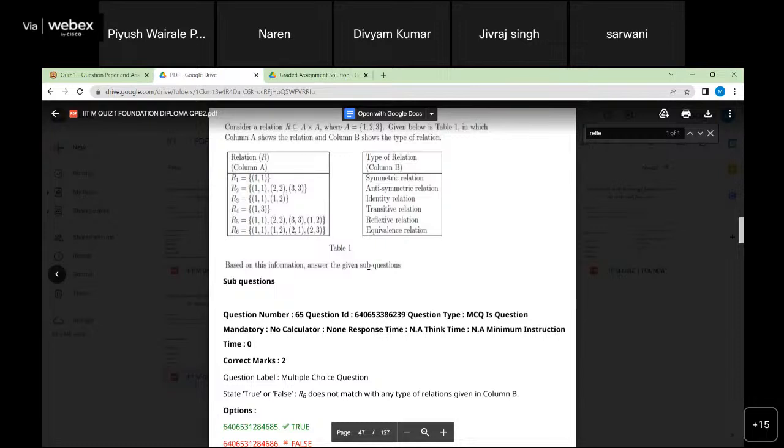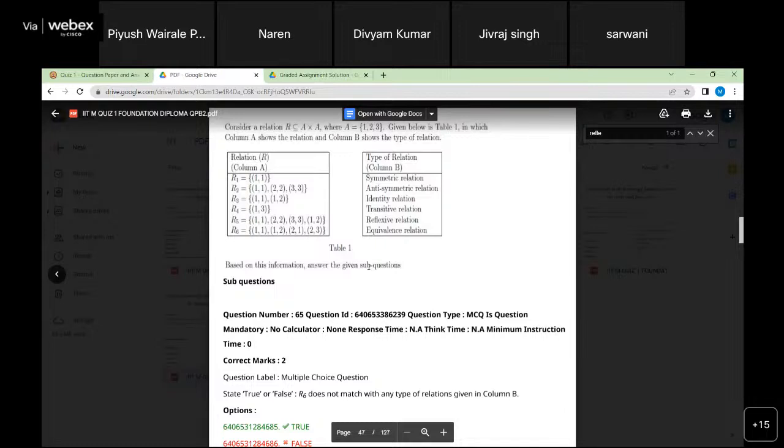So just because we are having in R6 another 2 elements, it is not transitive. 2, 3 is there, but it should contain 1, 3. Then we can say it is transitive, right?